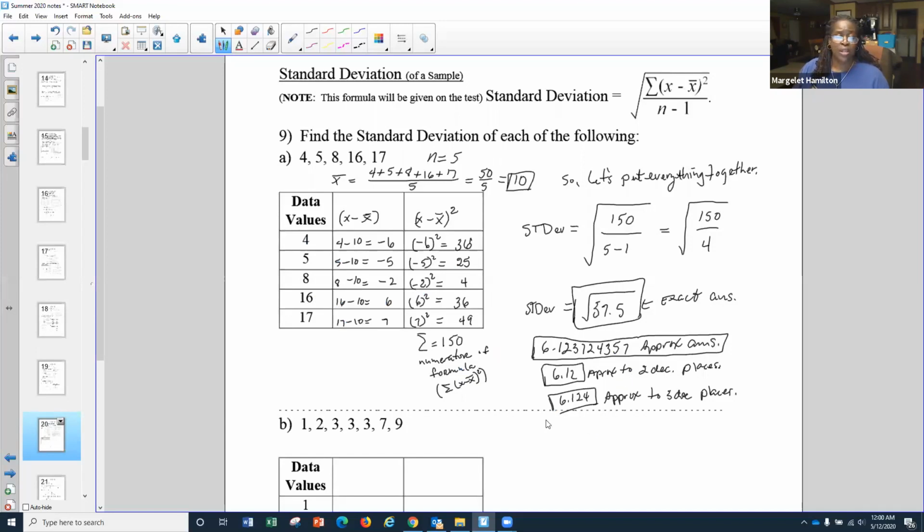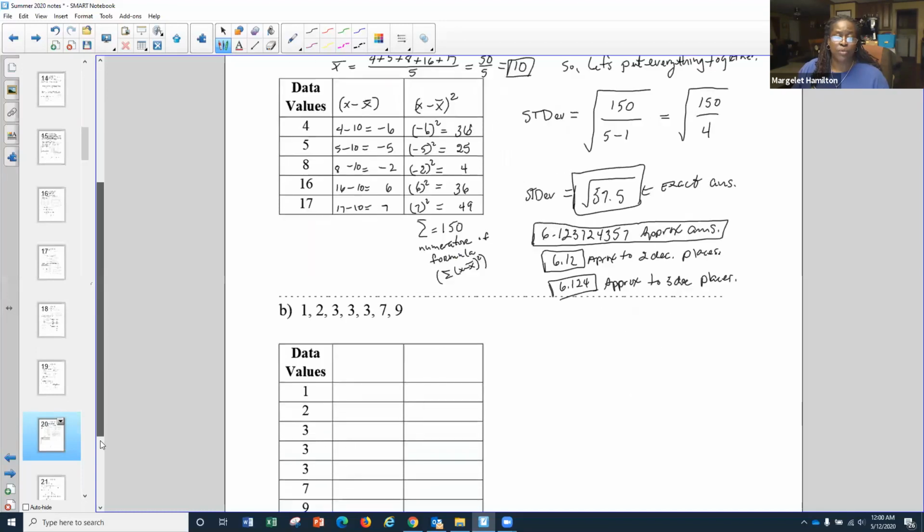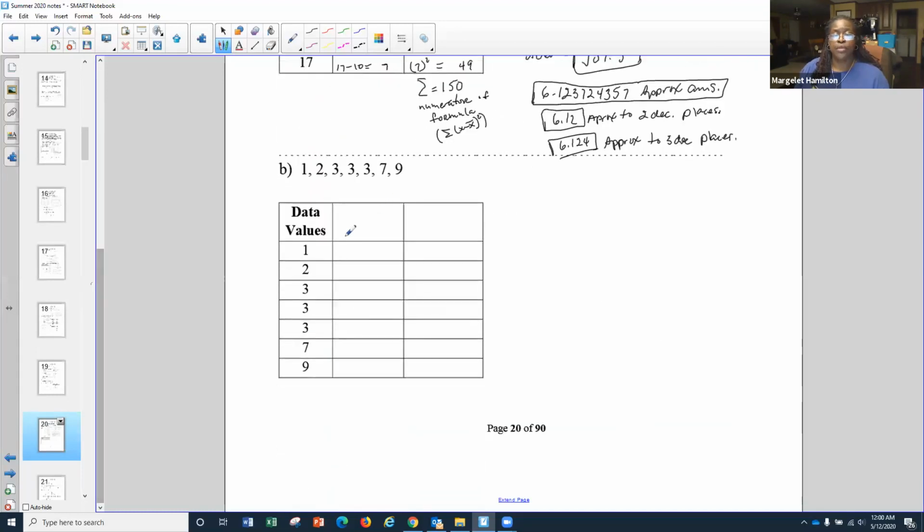All right, let's try this next example. Here's our data. First things first, we need an n. So n equals 1, 2, 3, 4, 5, 6, 7. Okay. Then we need a mean. So here's some steps just in case.